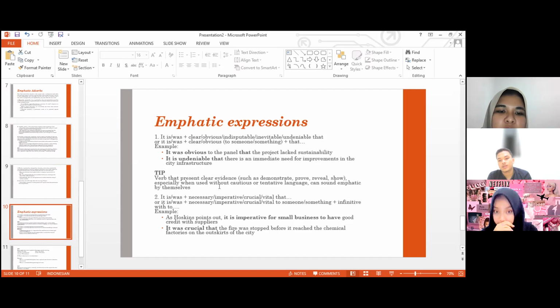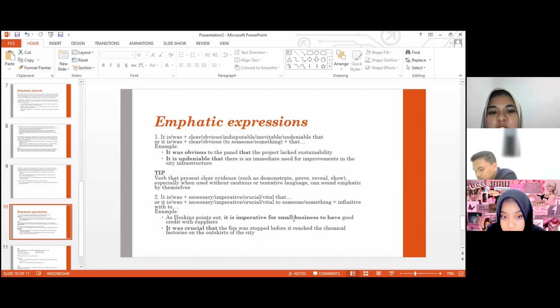And number two is it is or was plus necessary, imperative, crucial, or vital that, or it is or was plus necessary, imperative, crucial, vital to someone or something, plus infinitive with do. The example is first, as Hoskin pointed out, it is imperative for small businesses to have good credit with suppliers.